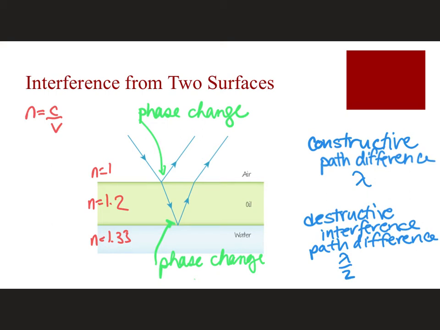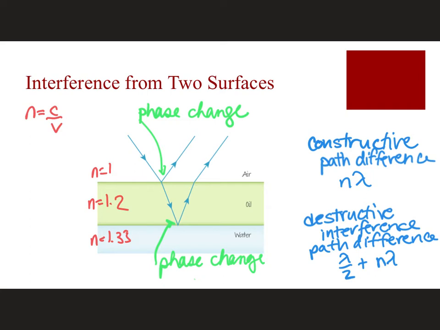Again, remember, I could have any multiple of lambda of those, so this could have been n lambda for constructive plus any number of wavelength here for destructive. And this is why I'm saying you want to make sure that you've got this for any kind of situation. First, make sure you know what's happening in terms of index of refractions.